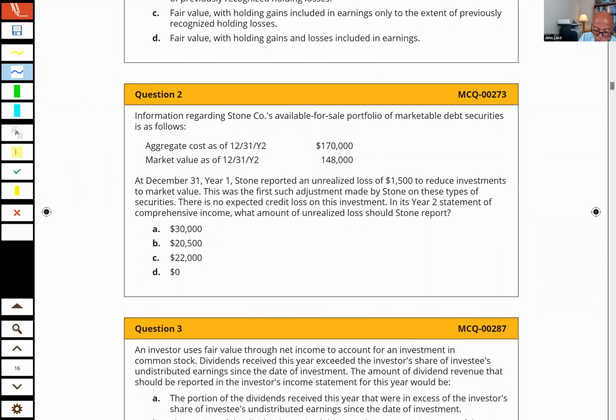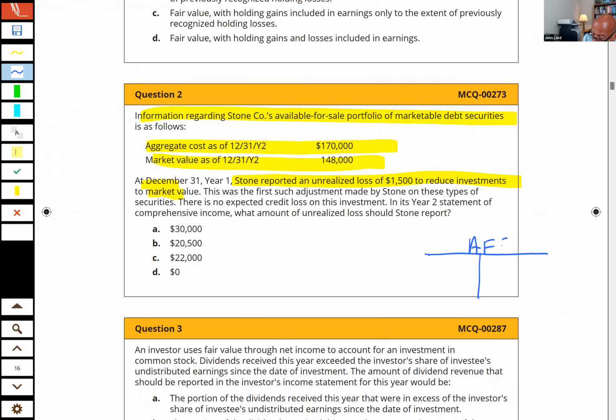Okay, but let's take a look at this. Information available for their marketable securities is that they had purchased them for 170,000. They give me the market value at the end of year 2. Now they say that at December 31st, year 1, they had reported an unrealized loss of 1,500 to reduce these to market value in year 1. If we consider the available for sale security account at that point, originally we had a cost of 170,000.